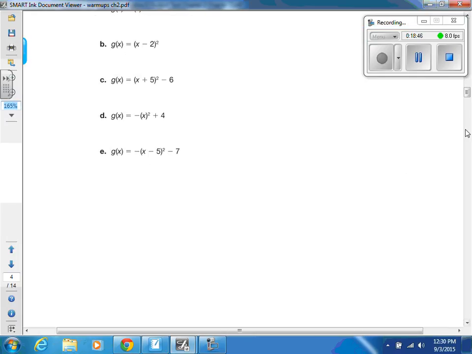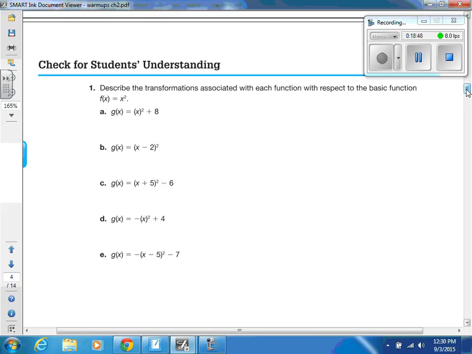There you go. That's better. Alright, describe the transformations associated with each function with respect to the basic function, the parent function f of x equals x squared. So you just have to write out what happened to each function.